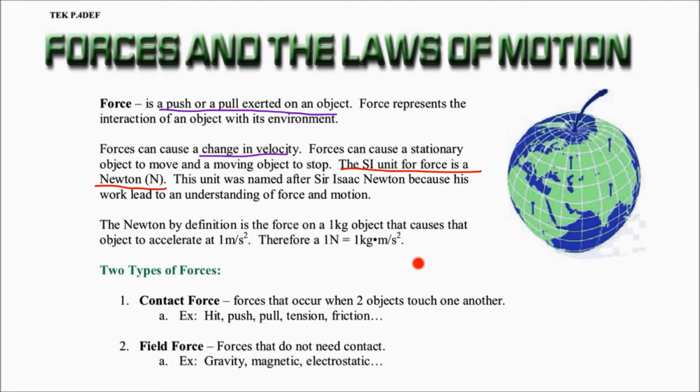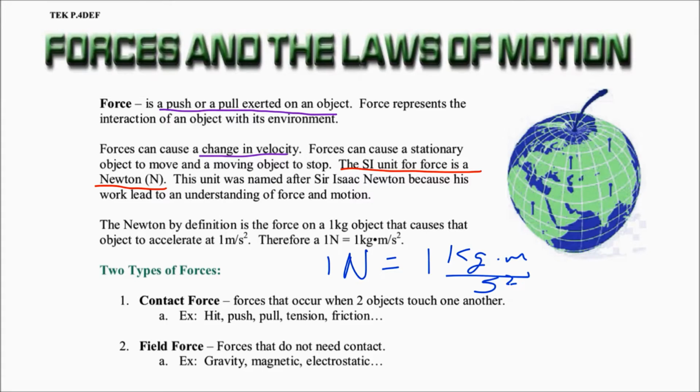And that's going to give us the actual unit for a Newton. That is 1 kilogram times meter per second squared. So altogether, 1 Newton is equal to 1 kilogram times meter over second squared. So obviously you can see why we would rather say Newton instead of kilogram meter per second squared.